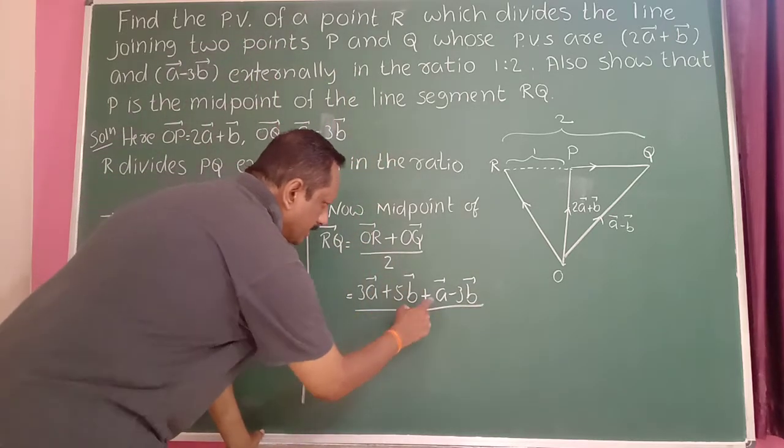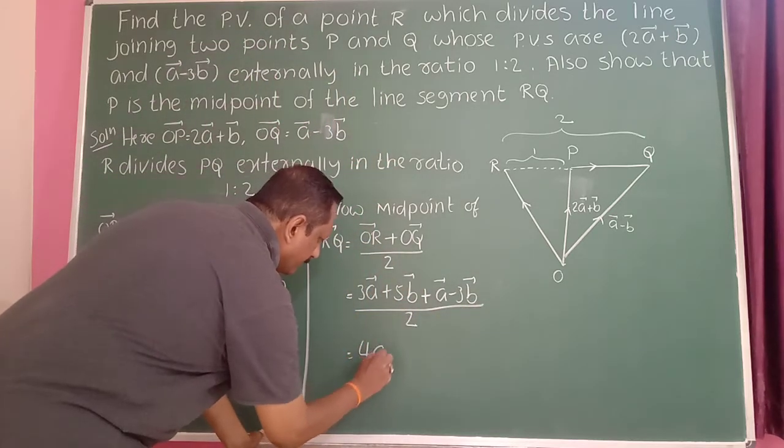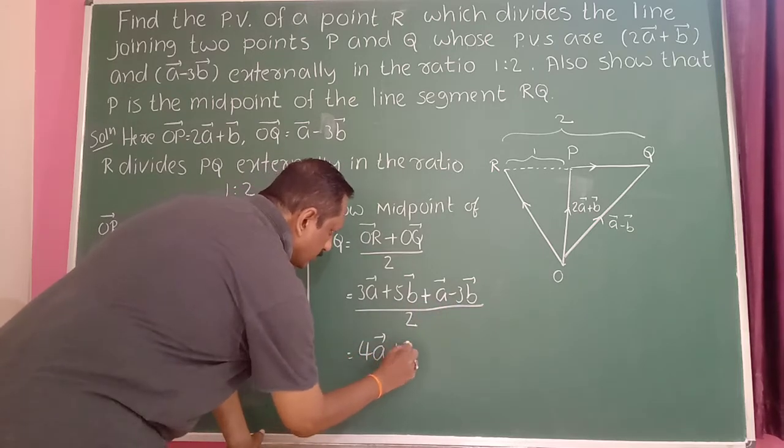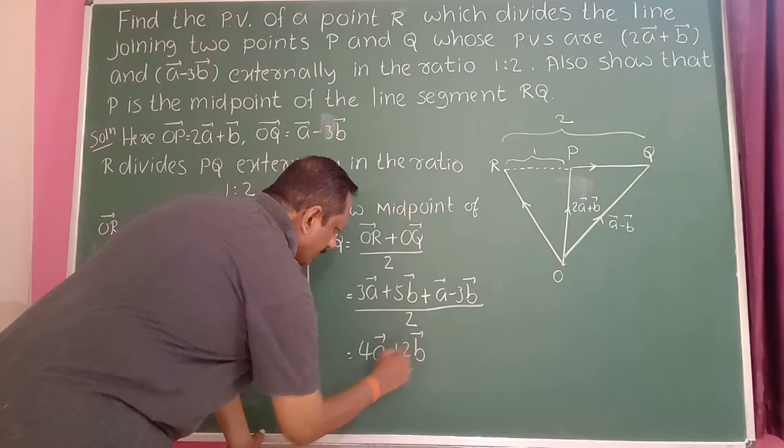Therefore 3a̅ + a̅ gives 4a̅, and 5b̅ − 3b̅ gives 2b̅, divided by 2.